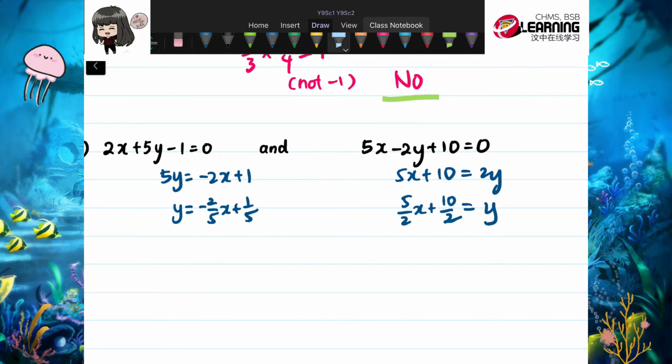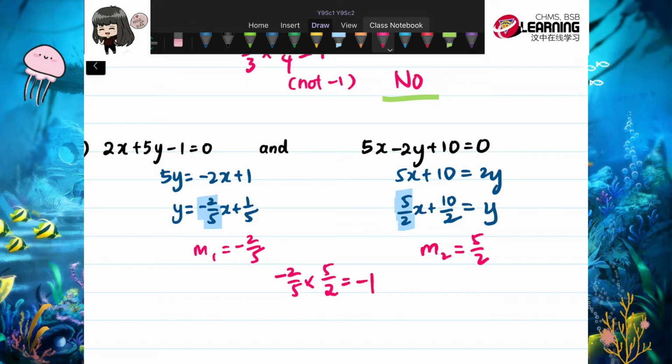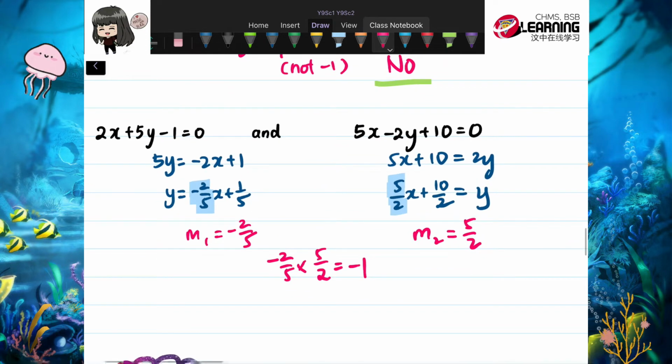Here I can see my m1 is negative 2 over 5 and my m2 is 5 over 2. Yes, they are negative reciprocals of each other. Or I will just write it like this: negative 2 over 5 times 5 over 2 is equal to negative 1. So it's a yes, perpendicular.